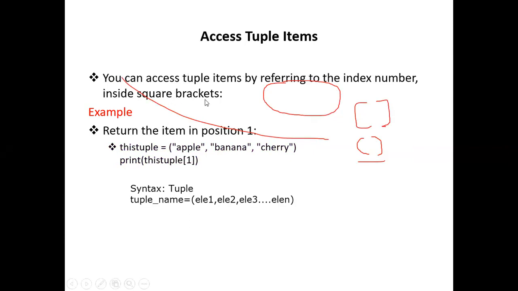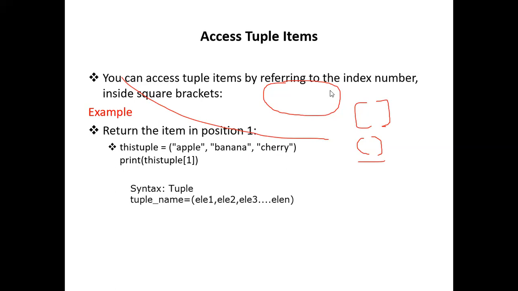You can access tuple items by referring to the index number inside square brackets. Now listen here. Just we have seen what is a tuple. Tuple is an ordered and unchangeable collection of elements. You can represent a tuple by using round braces. Now what about the next one?